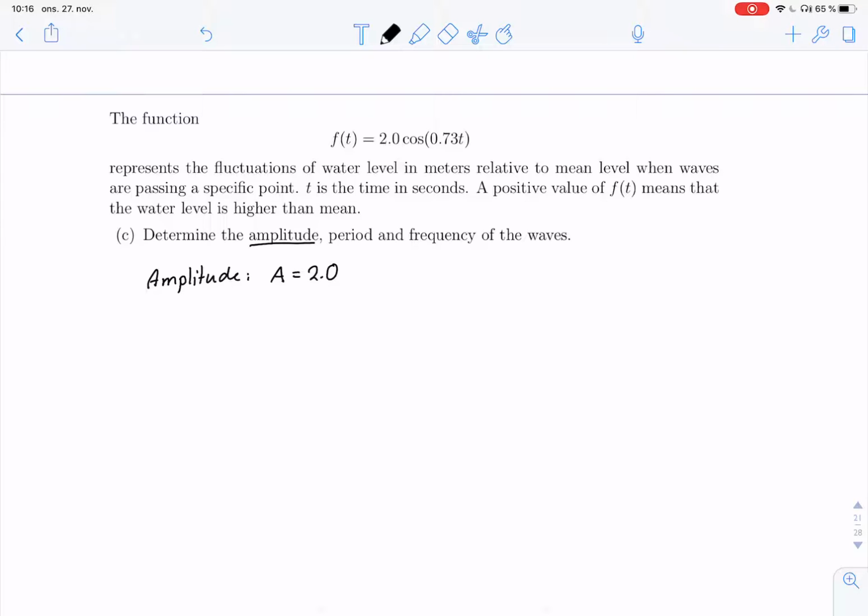And now we're going to find the period and the frequency. The general form is like this, where we have the amplitude, and here we have the angular frequency. So our angular frequency, that would be omega equal to 0.73.